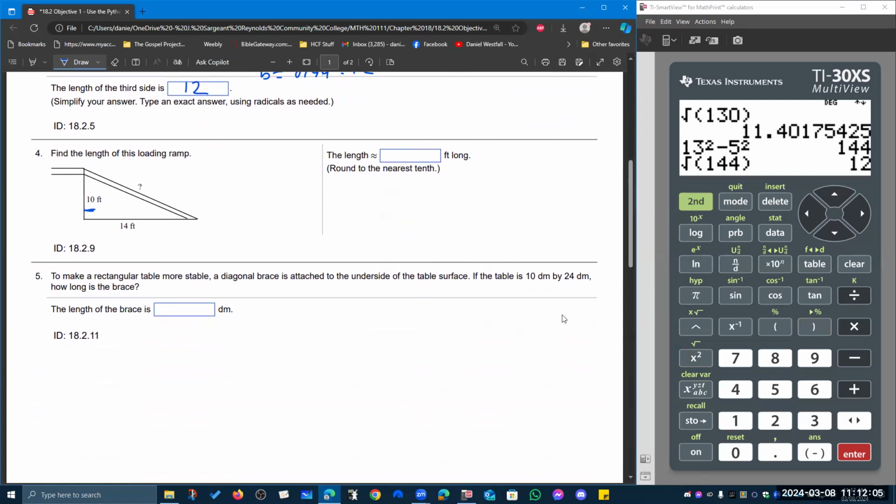So this is assumed to be a right angle here. The loading ramp has C squared equals 10 squared plus 14 squared.